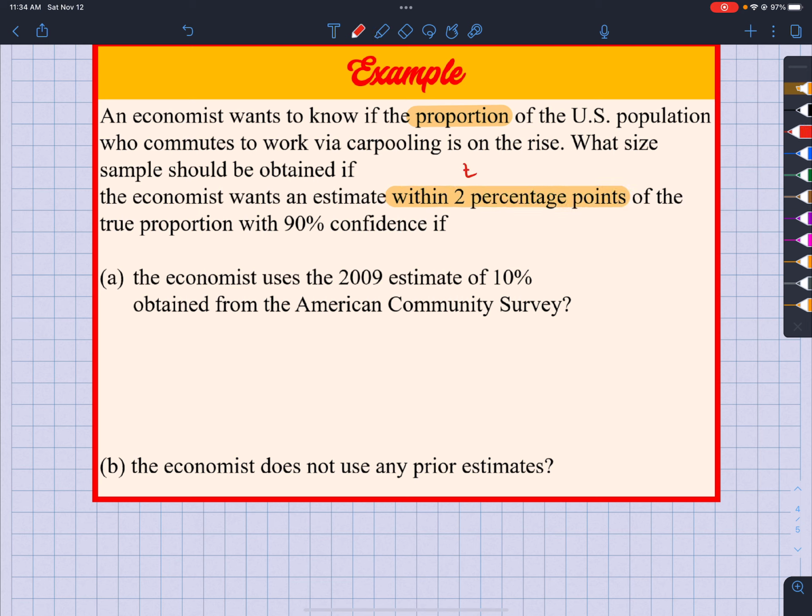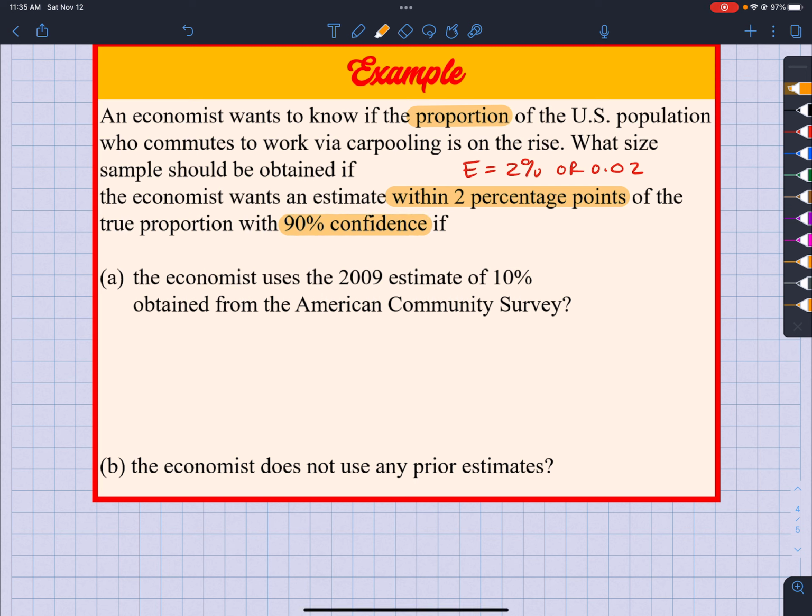This is my E, which is going to equal 2%, or 0.02. Of their true proportion with 90% confidence.